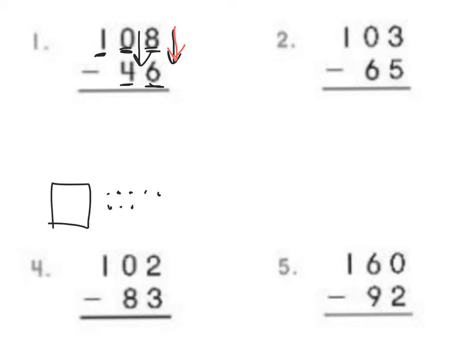So for my ones, I can just subtract my 6. So I'm going to subtract 1, 2, 3, 4, 5, 6. And I have 2 left over. So I'm going to put 2 ones at the bottom.